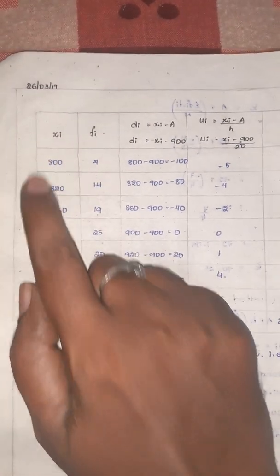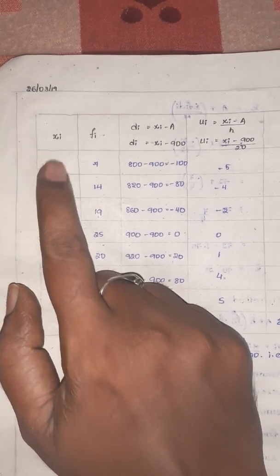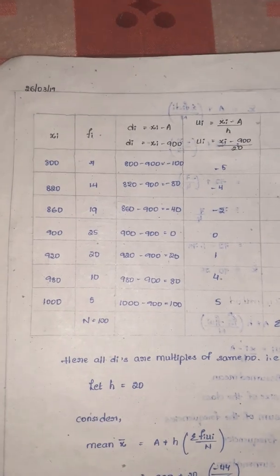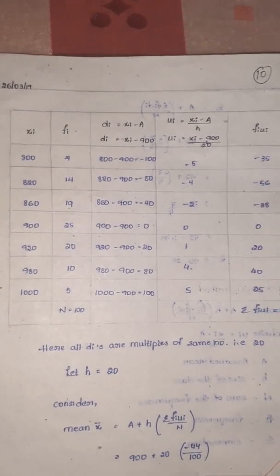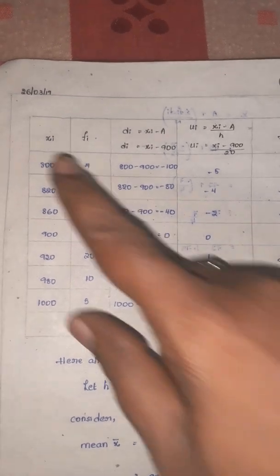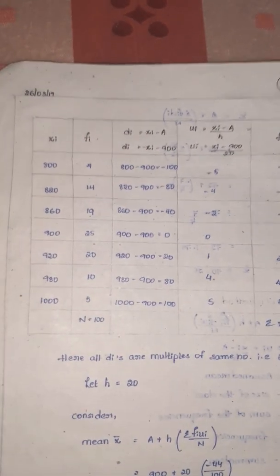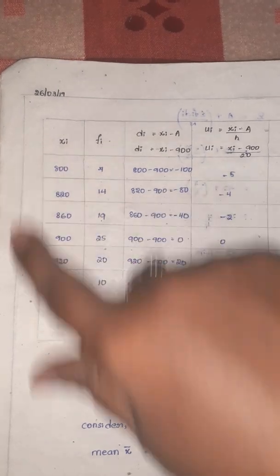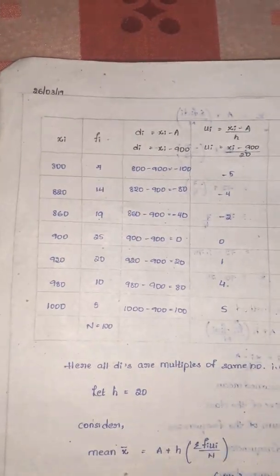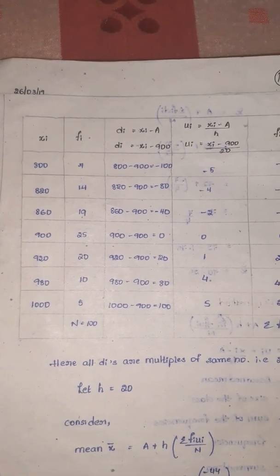Here if you take the difference between these two, 820 minus 800, the difference is 20. Why? Because here we are using step deviation. All these numbers go in the 20 table. They are multiples of 20 in the xi column. So that's why I wrote 20.